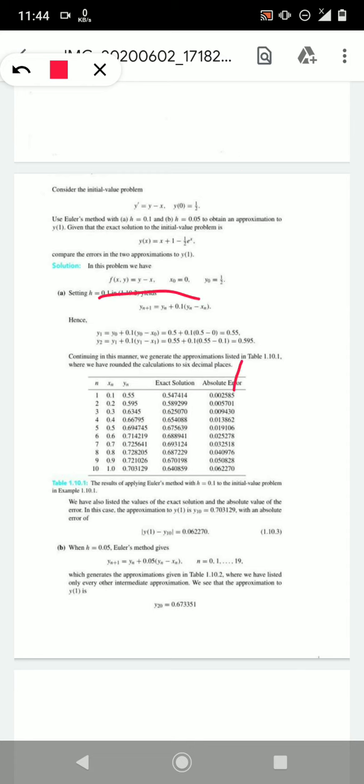Now given f(x,y) is equal to y minus x, x0 is equal to 0, y0 is equal to 1/2.